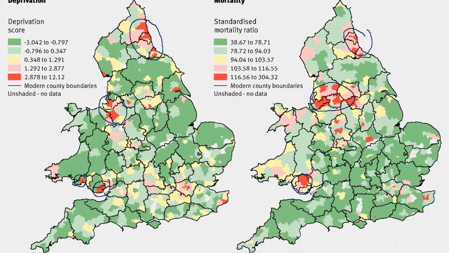Whereas, like I say, our wealthier people working in high-tech businesses using their laptops can do that quite easily from home. So there's a direct link between wages and deprivation, and therefore health as well. Let's move on.